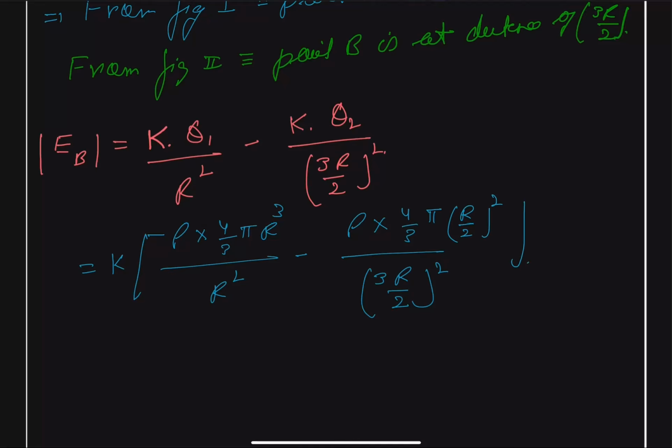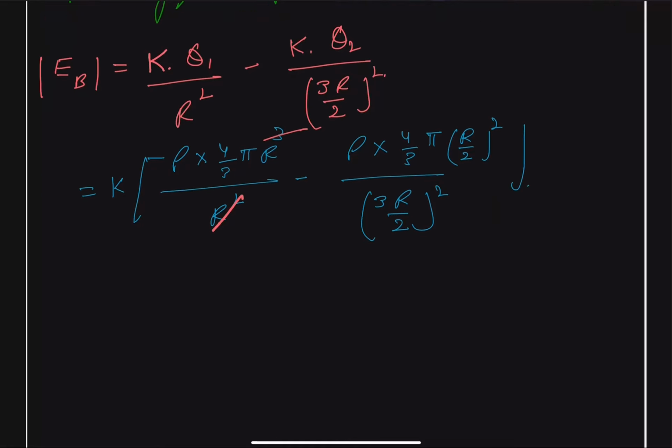The square goes against the cube, and we can take some things as common and then solve it.